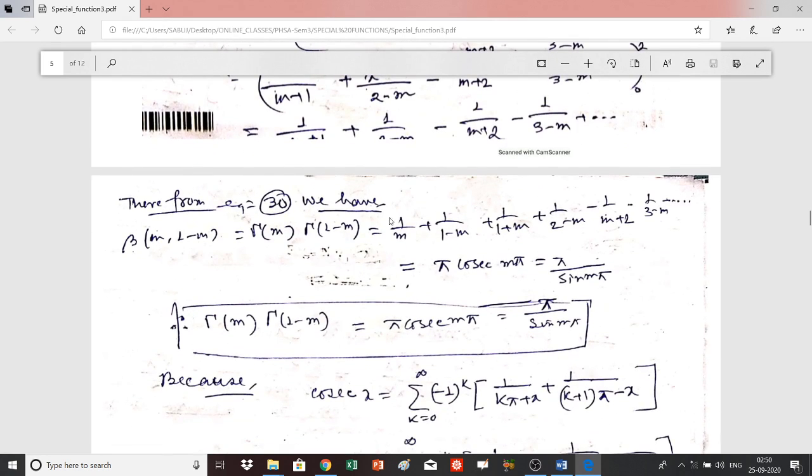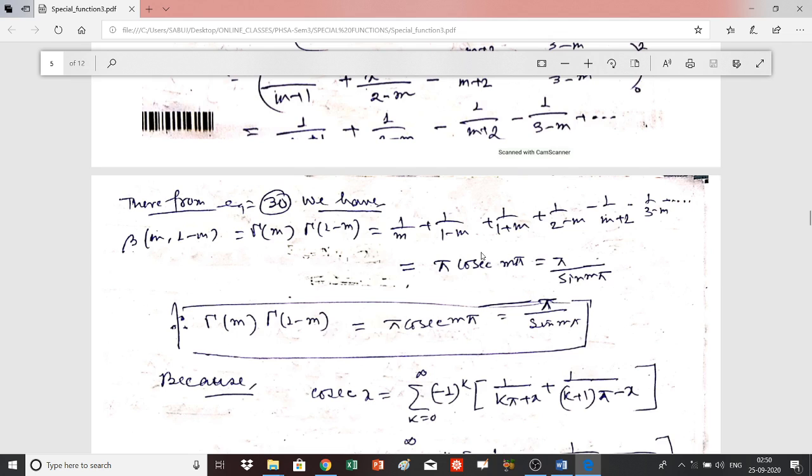So these two terms come from the first integral, and then for the second integral 1 by 1+n plus 1 by 2-n, then minus 1 by n+2, then minus 1 by 3-n, and so on. That is equal to pi cosec n pi, and that can be written as pi by sin n pi. So gamma n gamma (1-n) is equal to this.